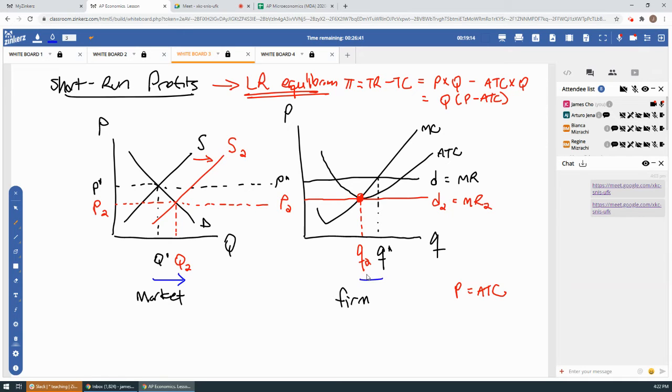It goes down. How is it the case that the firm is producing less but the market is producing more? What changed this entire story was an increase in the number of sellers. More companies came in. So every single individual firm is producing less, but overall there are so many more firms that the market is producing more.